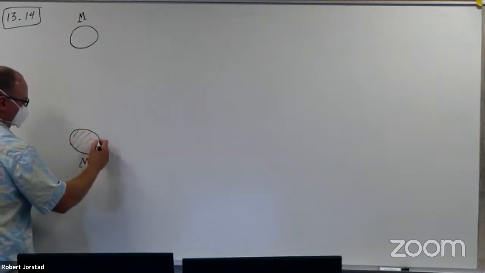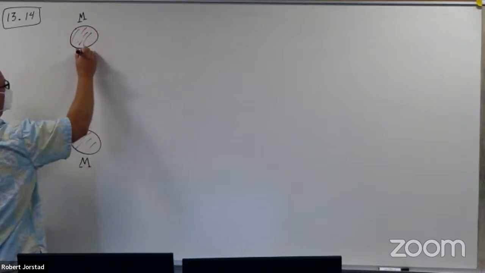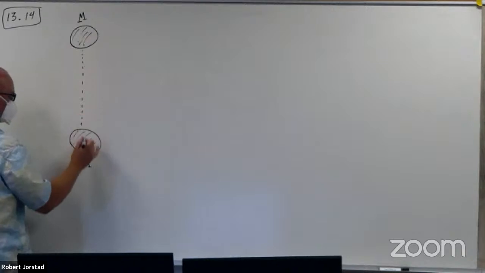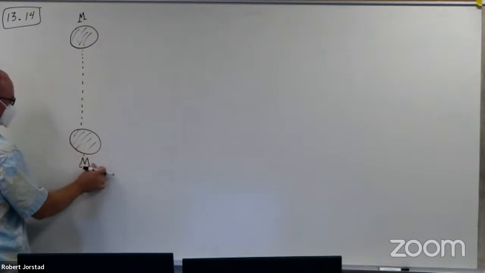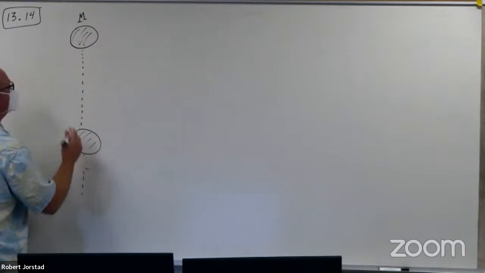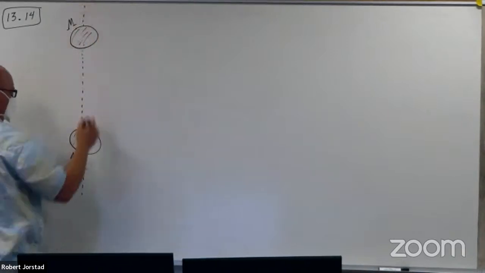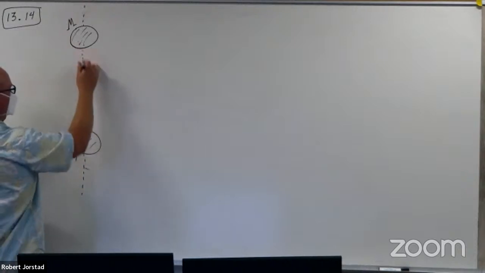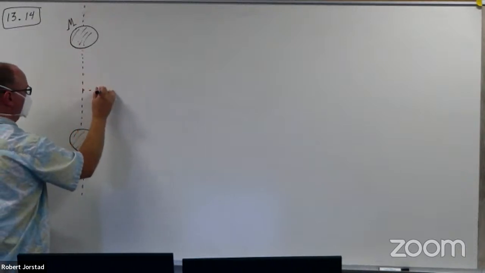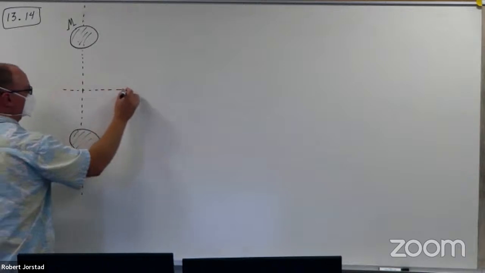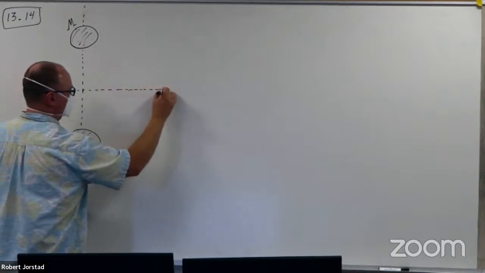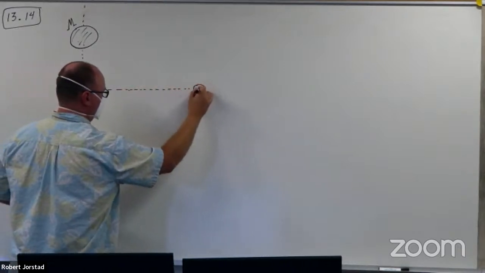Let's say we have two masses here, big M. Draw this off to the side. And then right in the center, there's some mass over here, and I'm going to stretch this out just so I have room.